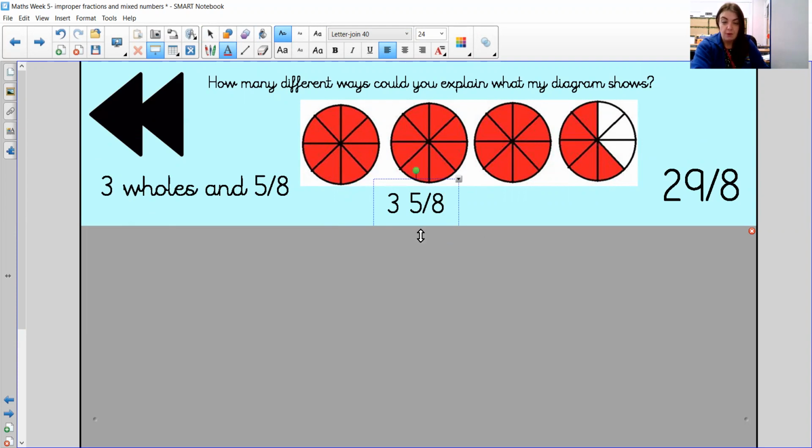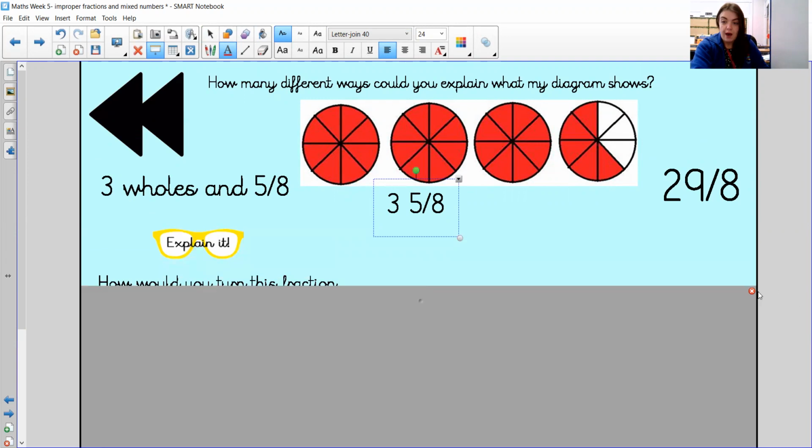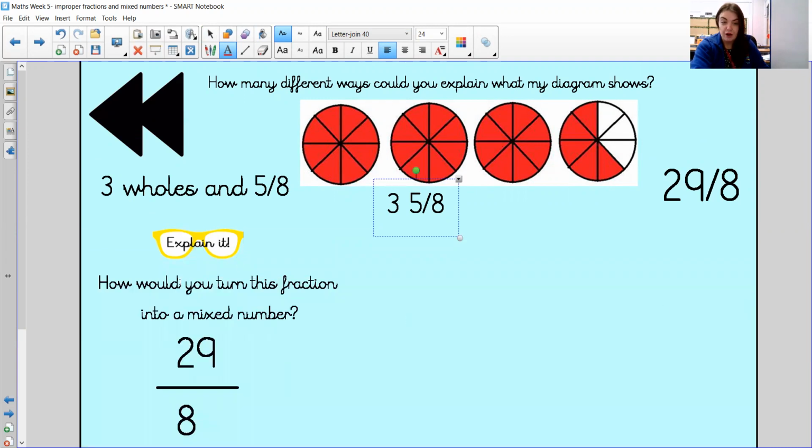Okay, so let's rewind then to the last 2 days of our learning. So here is my improper fraction, because look, my numerator is greater than my denominator. Okay, and I just want you not to answer it yet. I just want you to explain the steps that you would have to do to convert that improper fraction into a mixed number.